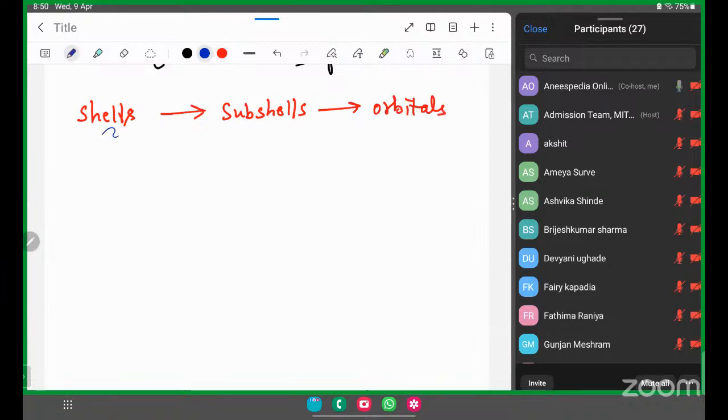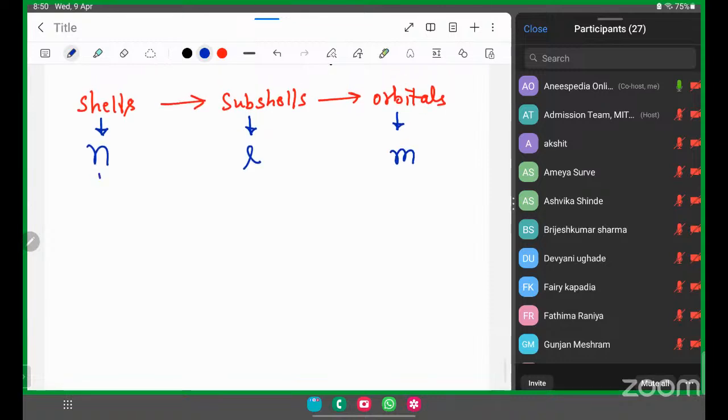For cell, we represent N. For subcell, we take L. For orbitals, we take M. N is known as the principal quantum number. What is L?